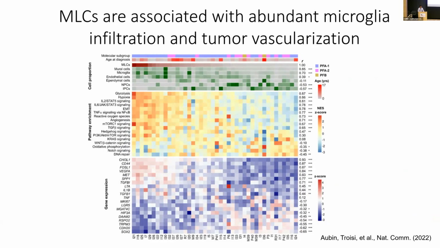And our findings were again consistent with this hypothesis. Tumors with a higher abundance of mesenchymal cells also had a higher abundance of microglia, higher abundance of vascularization and enrichment for those inflammatory pathways that we were seeing in the single cell data.